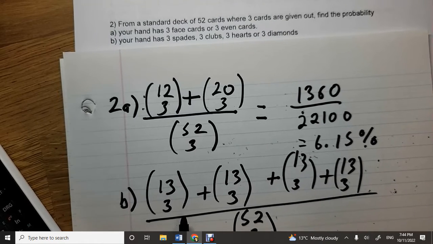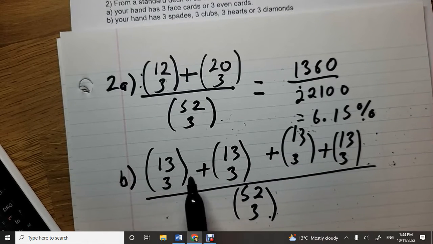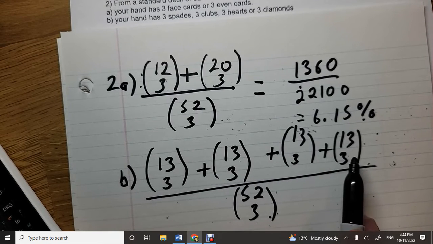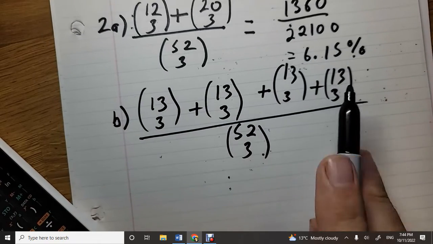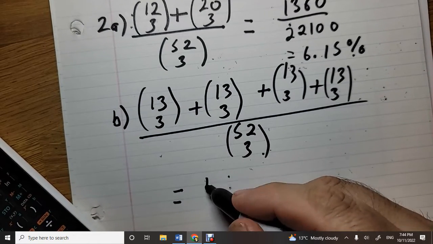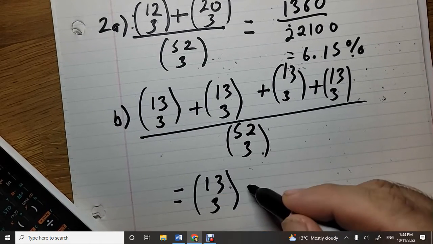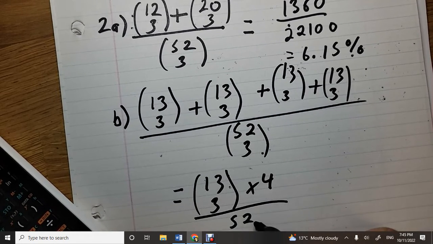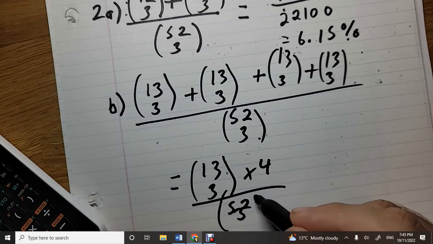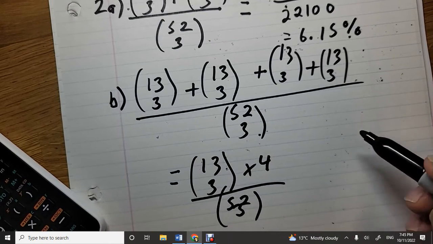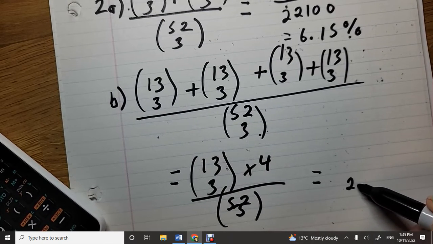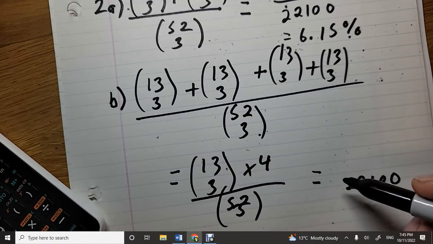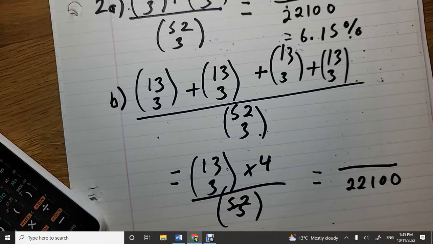So you have 4 of those. When you add the same number over and over again, it's like multiplying. So what you could do here is go 13 choose 3, multiply by 4, and then 52 choose 3. We know what the bottom is, 22100, same as up here.